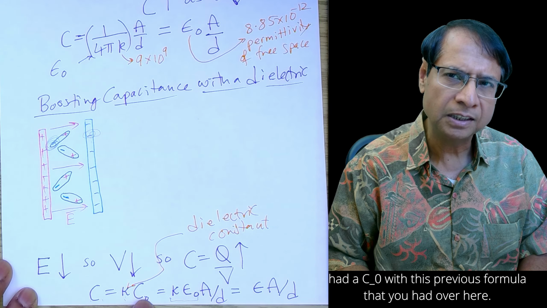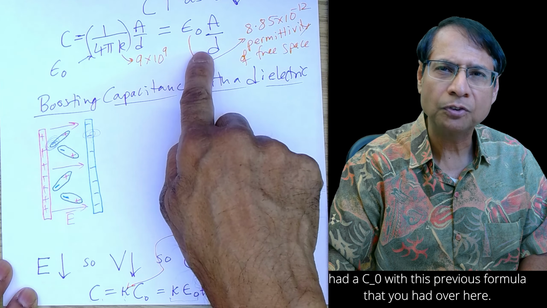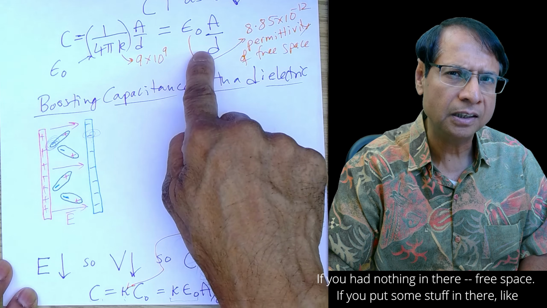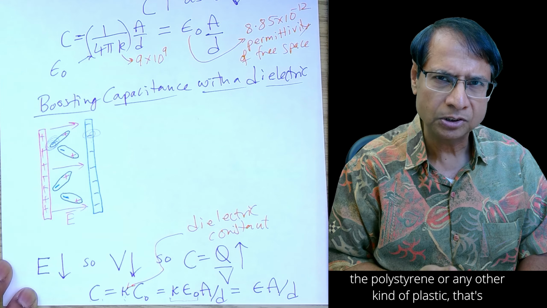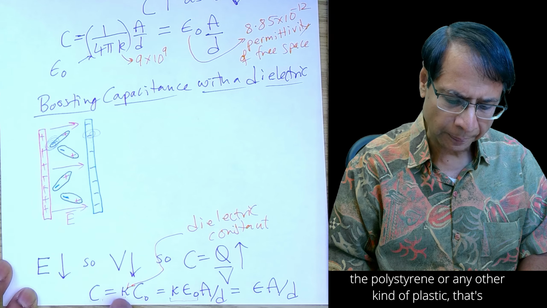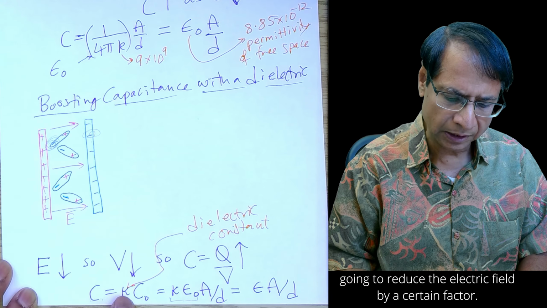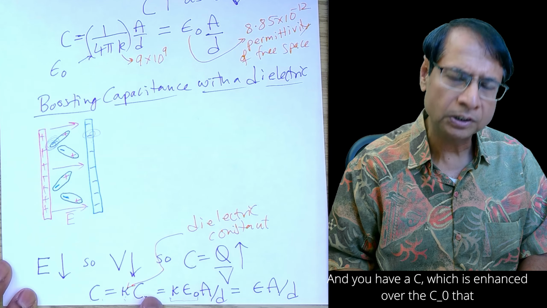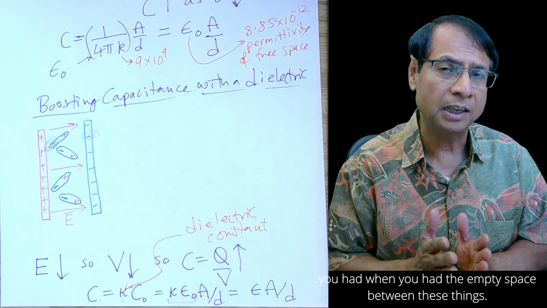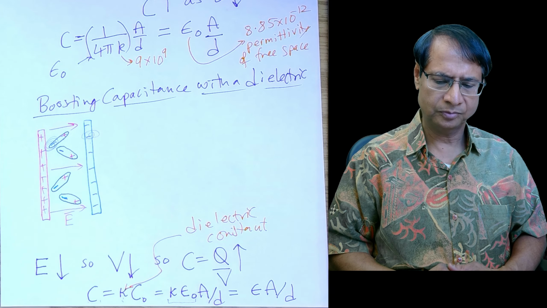You would have had a C0 with the previous formula if you had nothing in there, free space. If you put some stuff in there, like polystyrene or any other kind of plastic, that's going to reduce the electric field by a certain factor, and you have a C which is enhanced over the C0 that you had when you had empty space between the plates.